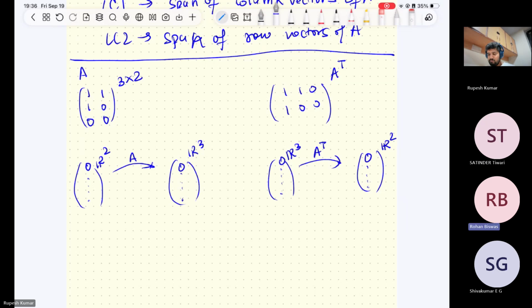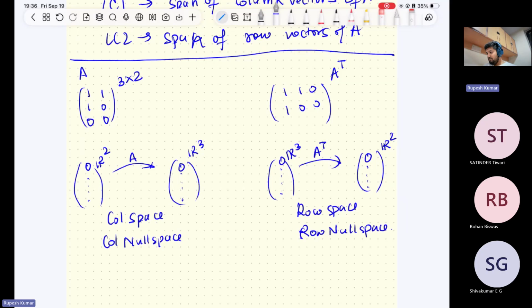In a similar way we'll find it as we did for A. Similarly, we do it for A transpose. This will give you the column space and column null space, right? And this will give you the row space and row null space. Fine, everyone, is this clear?